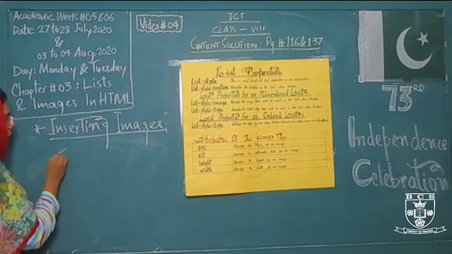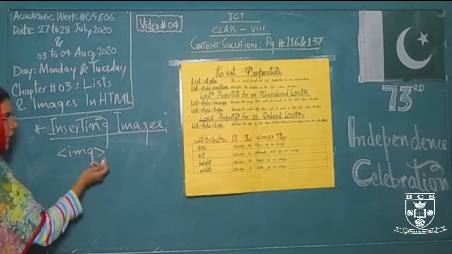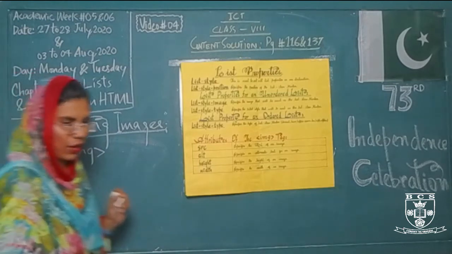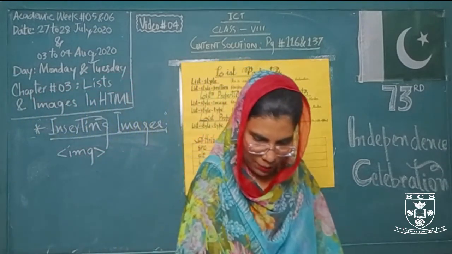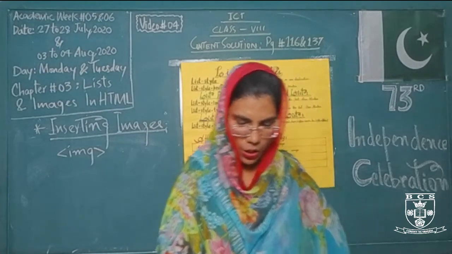So to insert an image, the tag that we use is this one: the angle brackets, and within them the word img, representing image. This image tag specifies an image to be displayed in any particular HTML document.